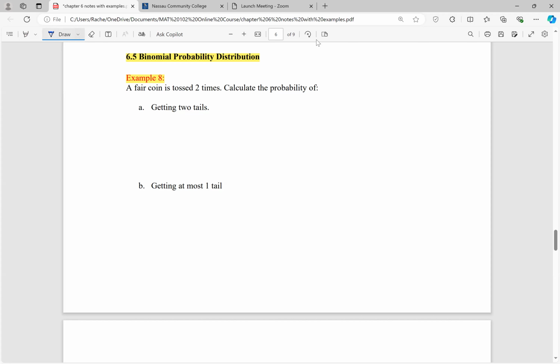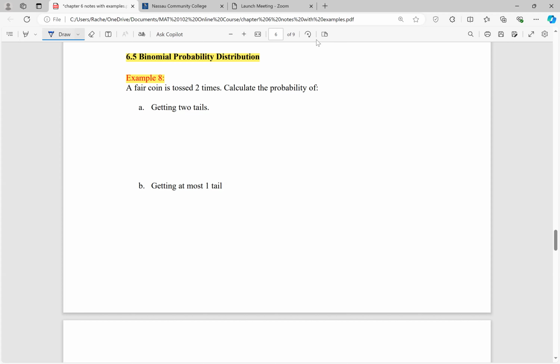So first, let's think about how many outcomes there are in the sample space. Remember, at the beginning of chapter 6, I bundled in chapter 5. The first page of this handout was a quick review on probability of equally likely outcomes. This is an example of an experiment that has equally likely outcomes.